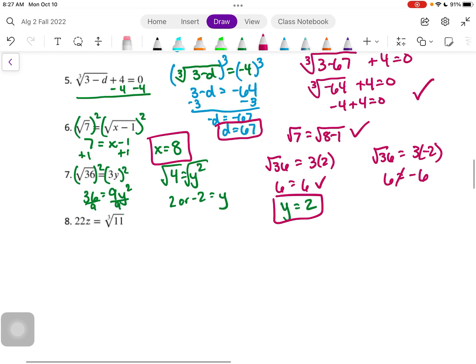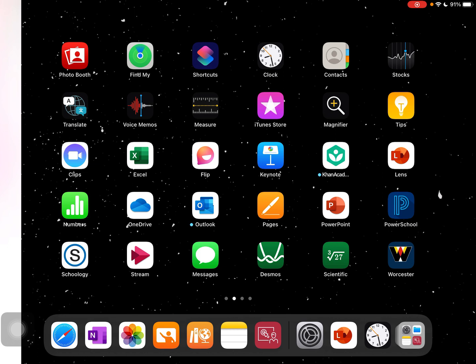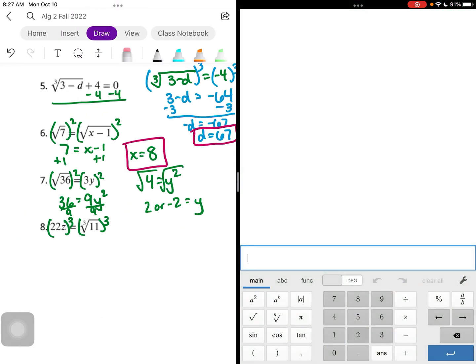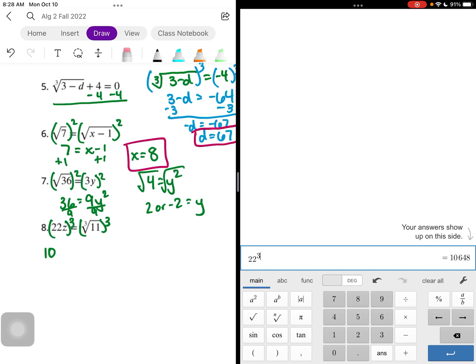All right, and then finally the last one, let's cube both sides. Ooh, this one's going to be a big number. All right, 22 cubed. I cannot do that one in my head, so I'm going to break out the calculator. There's my scientific calculator. That'll be easier. 22 to the third is 10,648. z cubed equals 11.